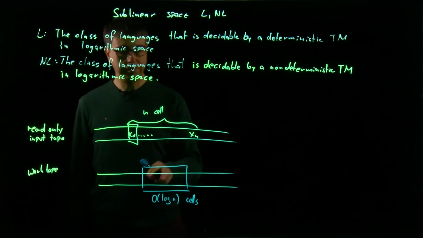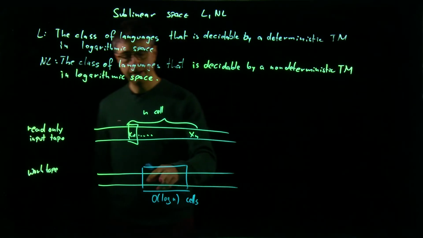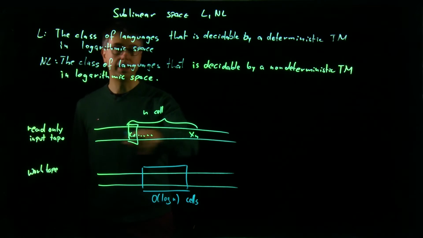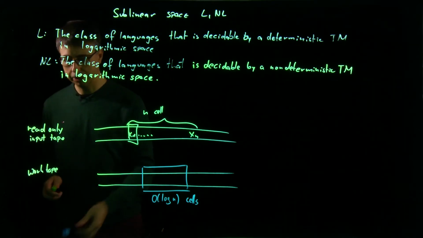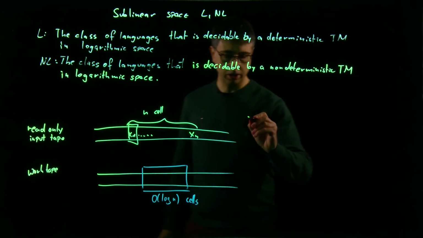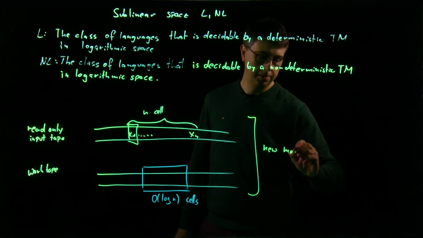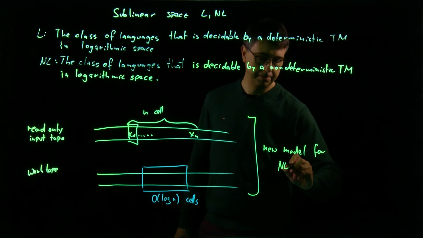So the amount we may use in our memory that we can actually write is logarithmic, whereas we are still allowed to read the whole input on the read-only tape. So this is the new machine model for NL and L.